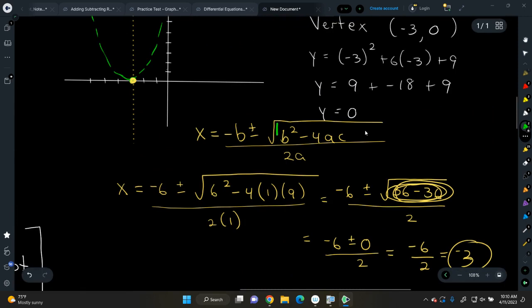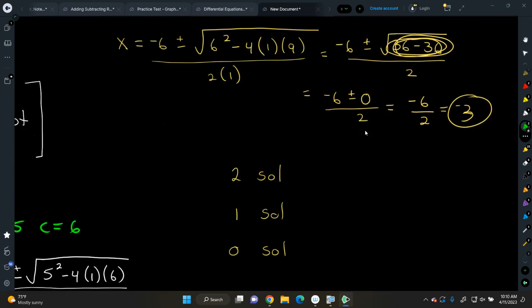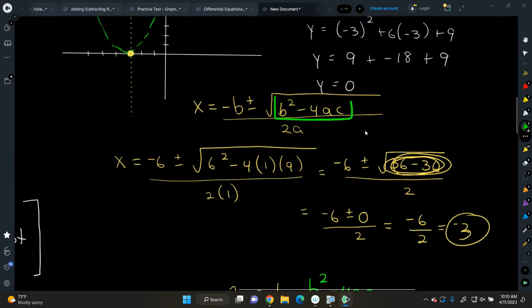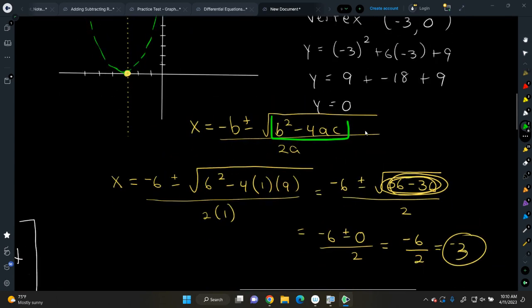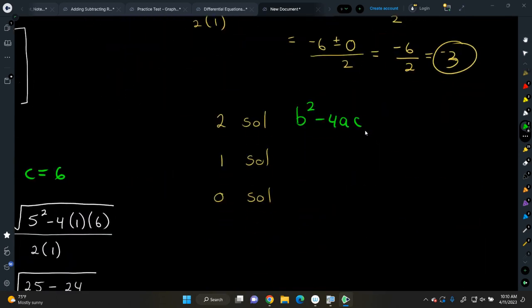The number inside the square root, pay attention everybody, is b squared minus 4ac. Does everyone see that? Well, when there's 2 solutions, that number is greater than 0. The 2 examples I showed you, it was 1 on one of the examples.